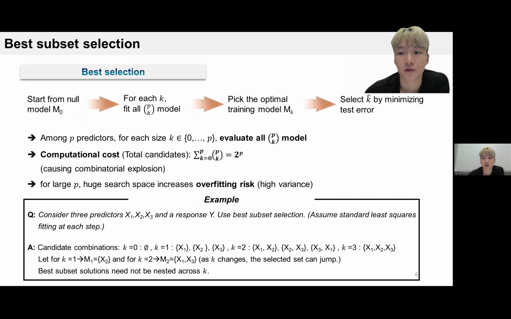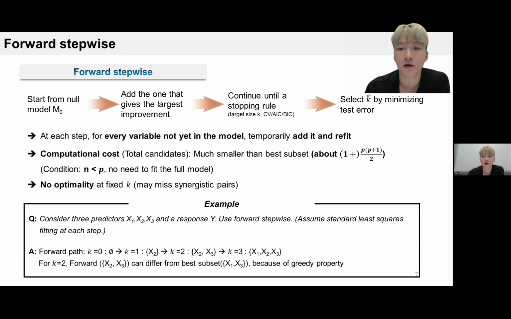The usual workflow: use any of the three procedures to create a sequence by size, then choose the size by cross-validation. Forward stepwise is popular because it is fast and stable when the number of predictors is large, and even when we have more predictors than observations. The procedure is simple to explain to teammates.